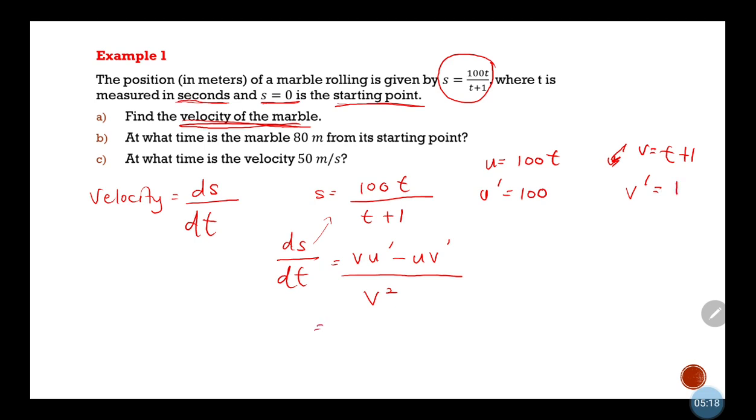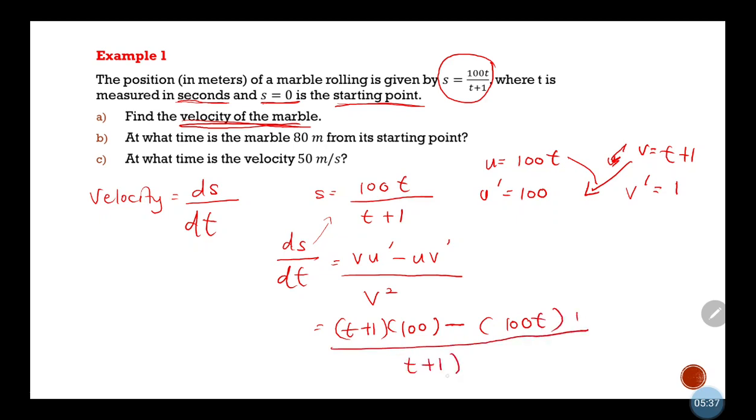Just slot in these values together: v u prime, t plus 1 times 100, minus uv prime, 100t times 1, over v square, t plus 1 square.